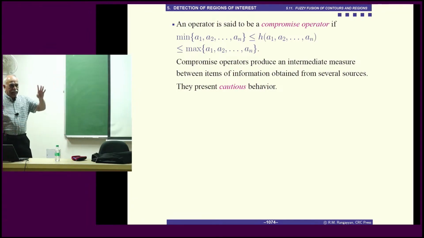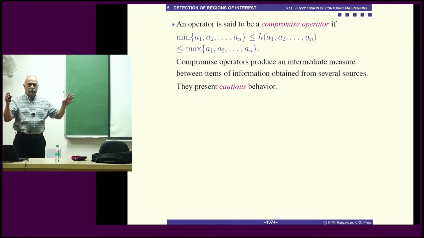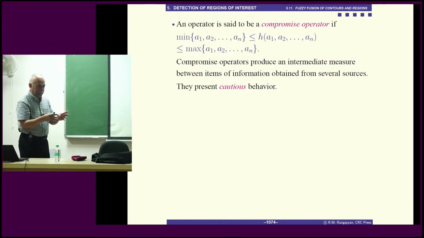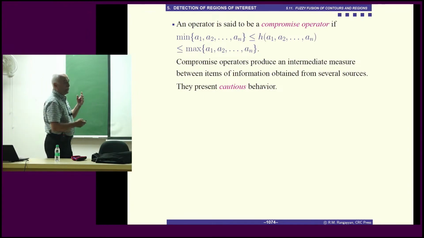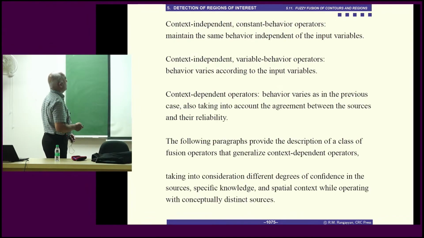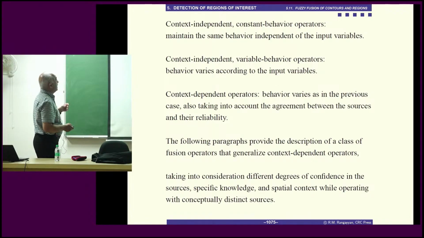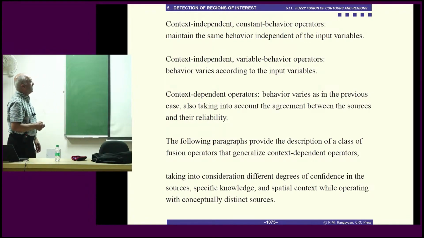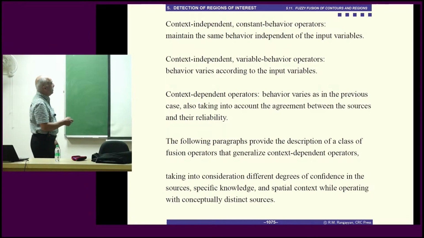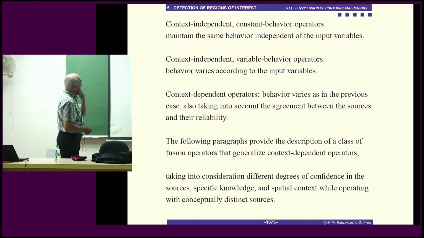So you have these sources coming from multiple methods, contour, region, and so on. But how do you include or combine a contour with a region? These are context-independent, constant behavior operators. They maintain the same behavior independent of the input variables.